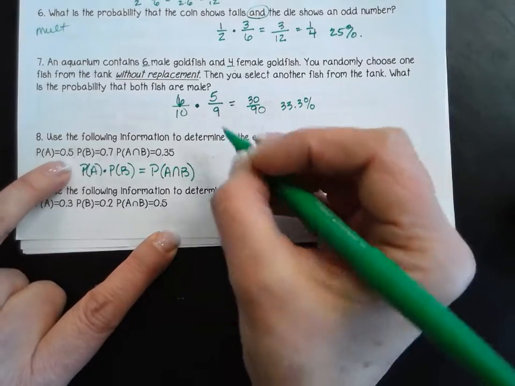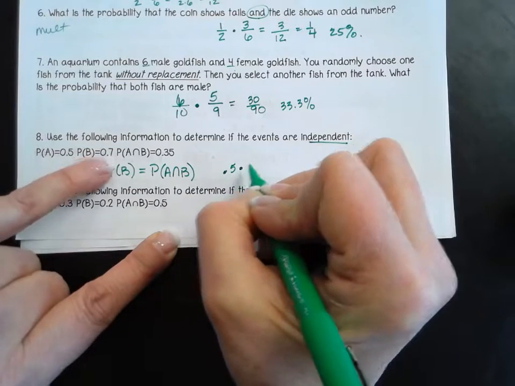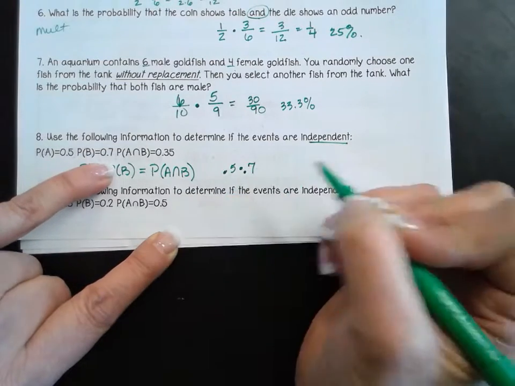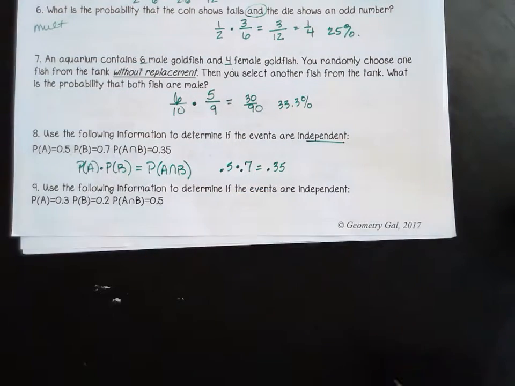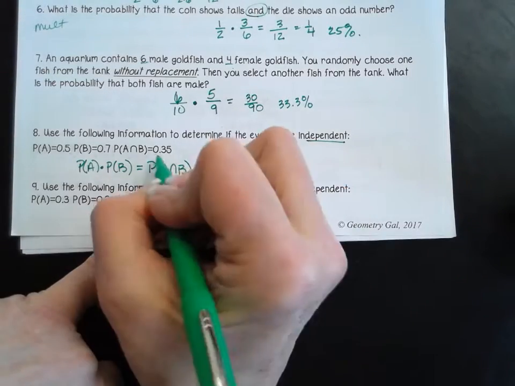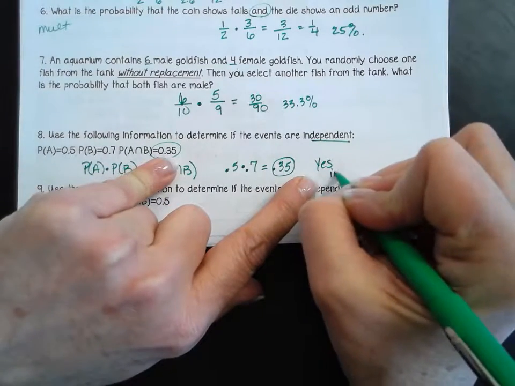I know the probability of A is 0.5. I know my probability of B is 0.7. And that gives me 0.35. Okay, you with me on that? Since 0.35 is what's given, then yes, they're independent.